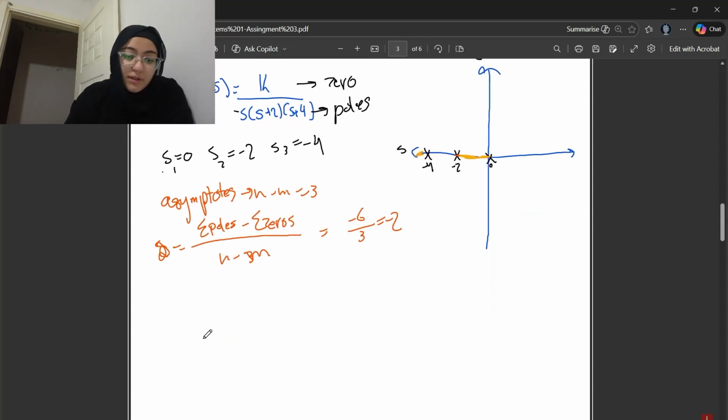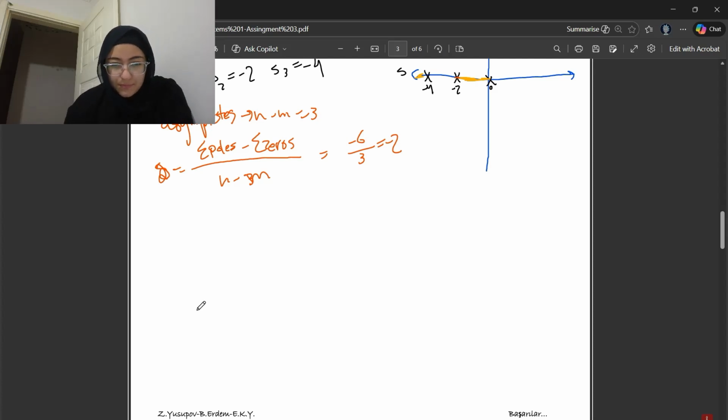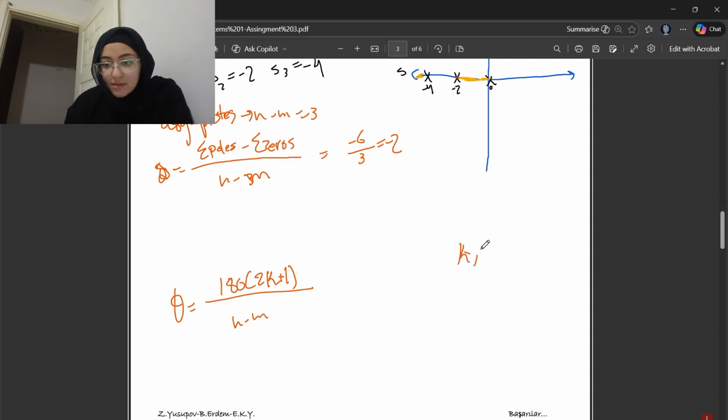Now we need to find the angle theta. Theta will be 180 multiplied by 2k plus 1 over n minus m, and n minus m is 3. K is first 0, then 1, then 2.